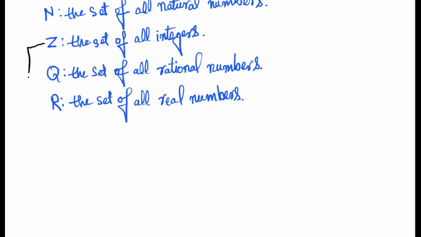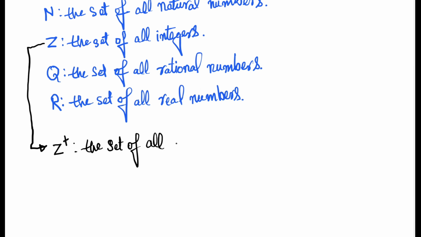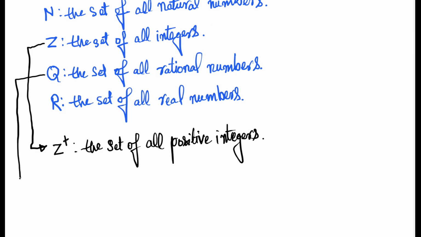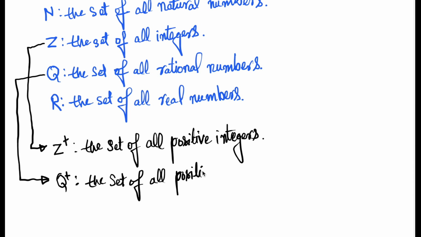If instead of Z I write Z plus, this symbol represents the set of all positive integers. And in place of Q, if I write Q plus, this symbol represents the set of all positive rational numbers.